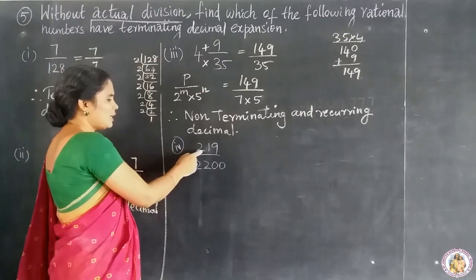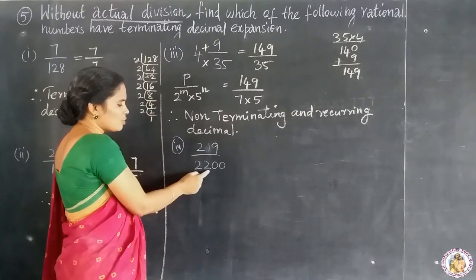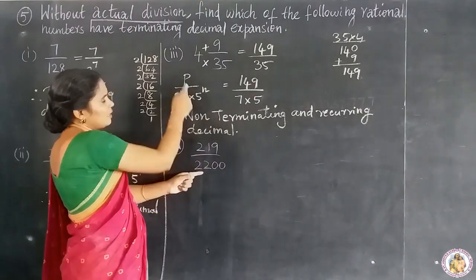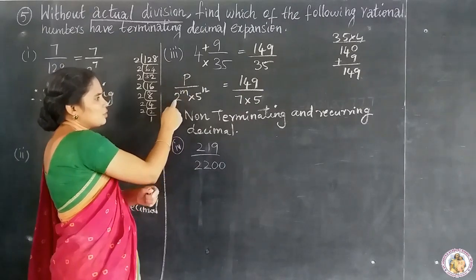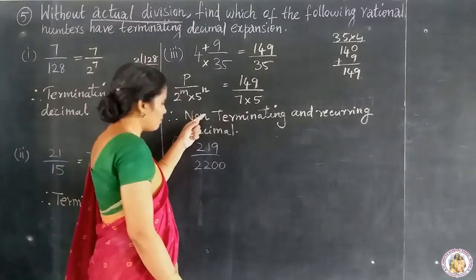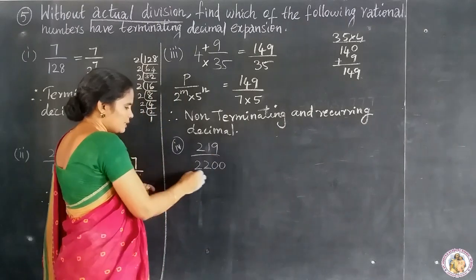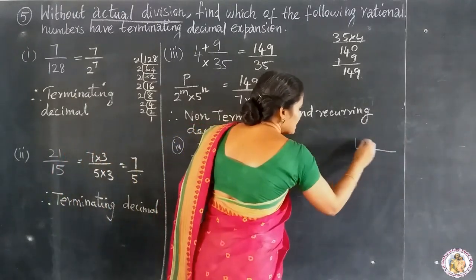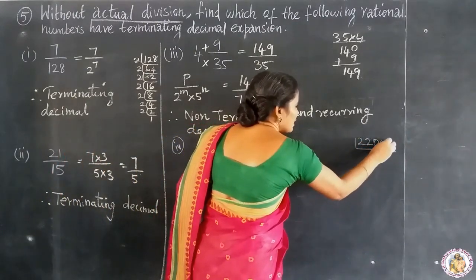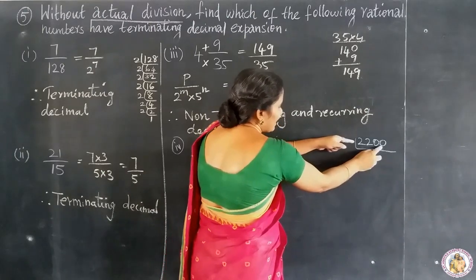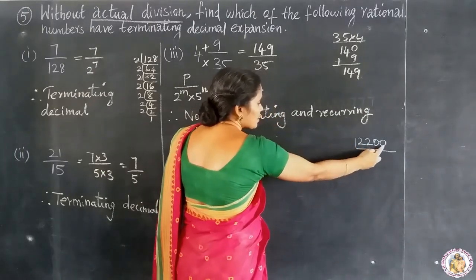Question number 4, 219 divided by 2200. First convert in the form of p by 2 to the power of m into 5 to the power of n. So first go with the denominator and find the LCM. 2200. Find the factors of 2200. Last number is 0.